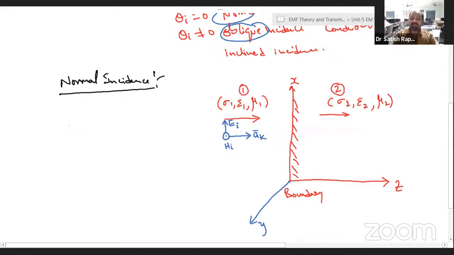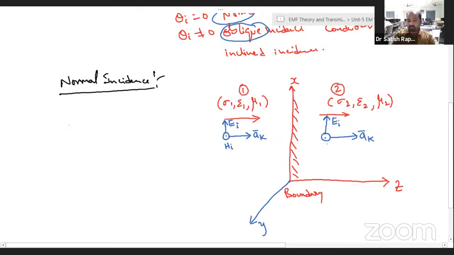When this incident EM wave meets the boundary, what happens? Part of the wave transmits and part of the wave reflects back. Part of the wave transmits like this. The direction of wave propagation remains the same, and the direction of the electric field also remains unchanged.